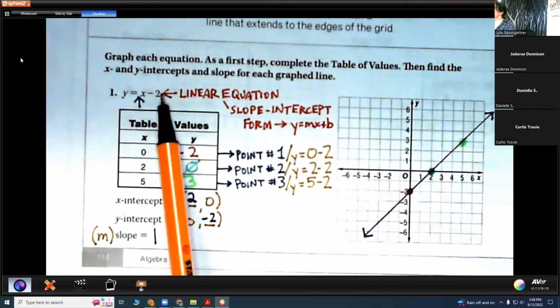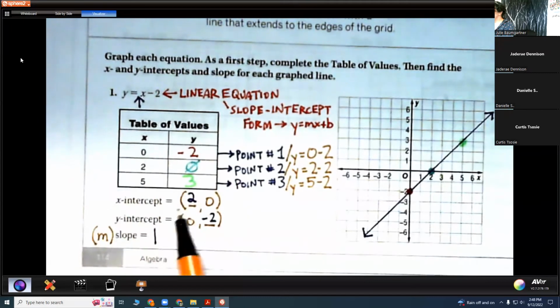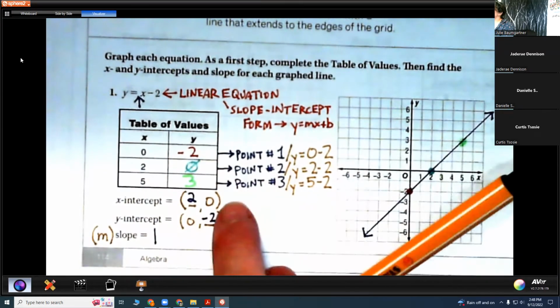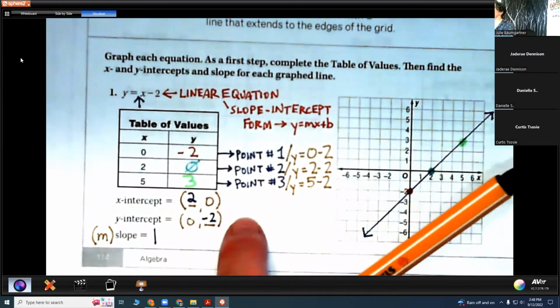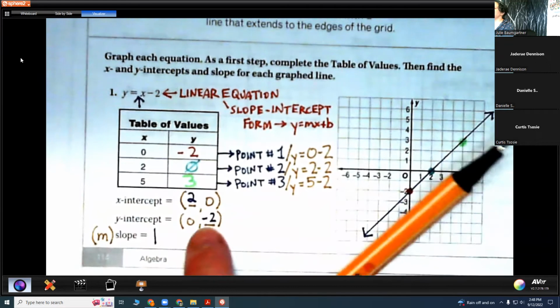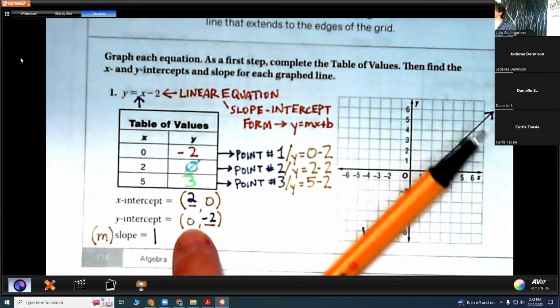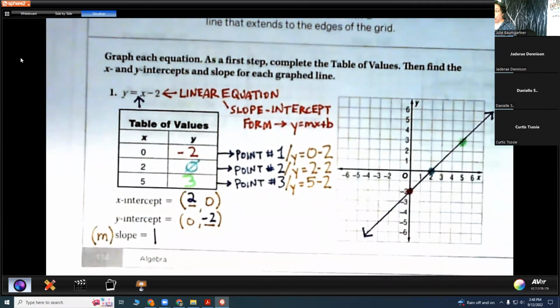So if we start with the equation, we need to find 3 points in order to graph our line. And hopefully everyone feels good about the significance of the x-intercept and the y-intercept, and feeling good about this concept of slope, right? A characteristic of the line.